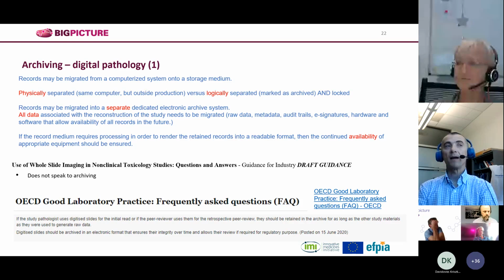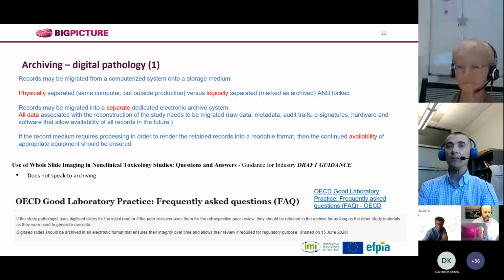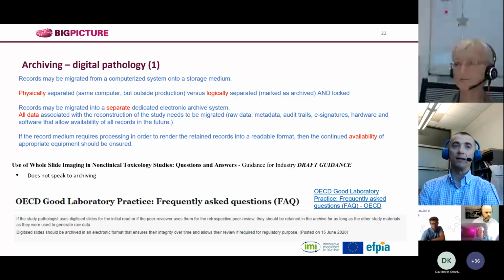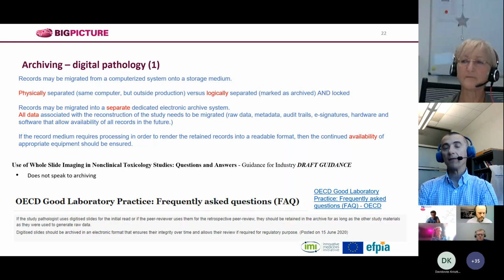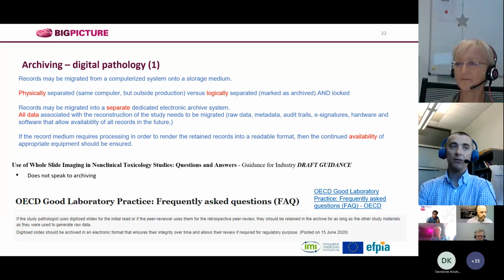If you were to archive on magnetic bands, for example, then you'll have to have the reading system so that at the end of your archiving period, and if you have an inspection, the inspector will be able to get back to these magnetic bands and have a look and really get the data. So it's something to consider because also in terms of the format you want to archive, you want to make sure that in a certain number of years, you'll be able to read the format and you will have the hardware to get access to that.